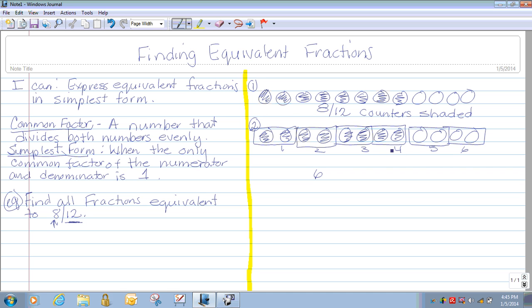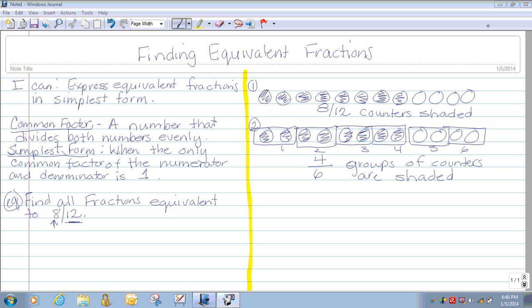And now 4 groups of the 6 are shaded. So I could also represent those counters as 4/6 of the groups of counters are shaded. So that's another equivalent fraction.